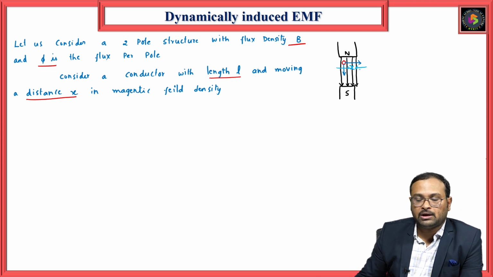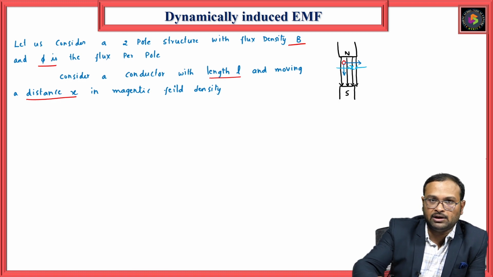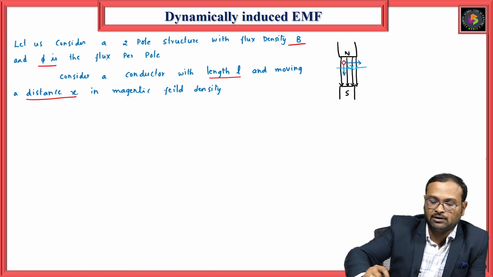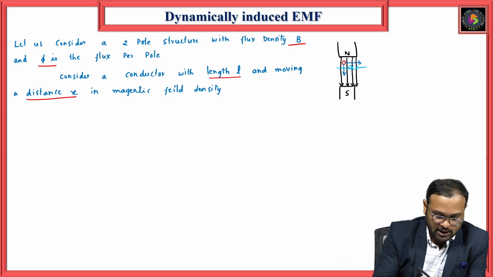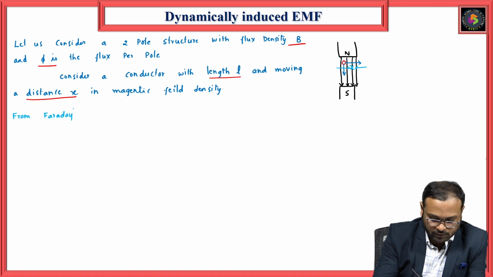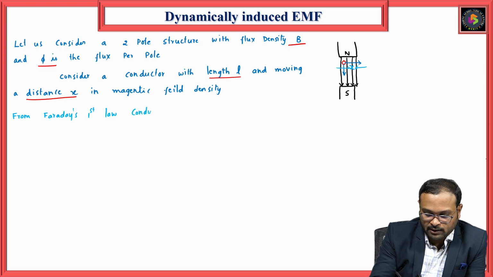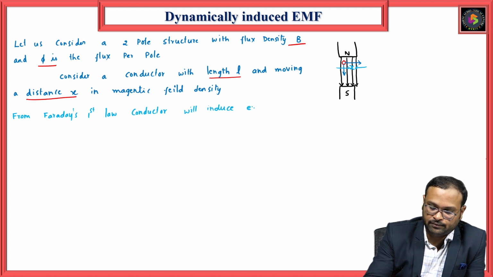So what will happen? From Faraday's first law, since it is moving in this direction, it is cutting the flux, so automatically it will induce the EMF. From Faraday's first law, the conductor will induce EMF.